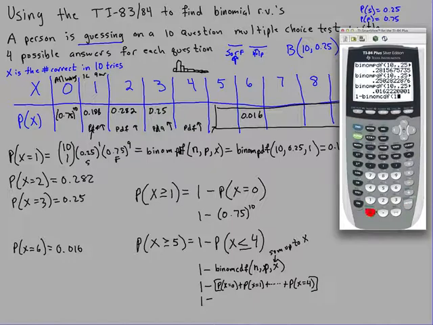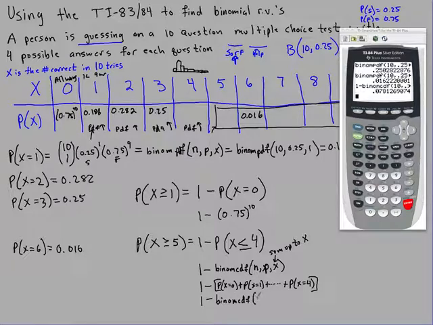I have 10 questions. The chance of getting any one right is 0.25. And I want to sum all the way up to 4. I'm not interested in 4, I'm interested in 5 up, but if I do 1 minus the sum up to 4, it gives it to me. So hit enter. And this is actually the answer, because I did 1 minus already.